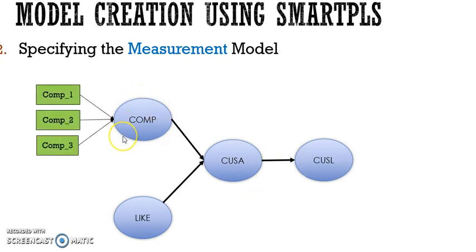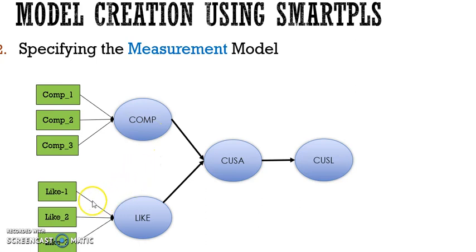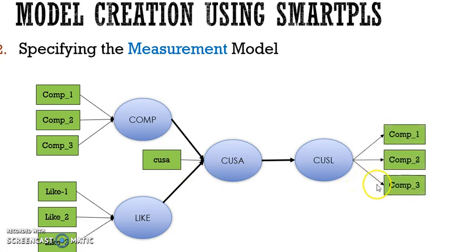There are causing or formative indicators on these variables, also on the like variables, and customer satisfaction has one indicator, and this is a reflective measurement model. These indicators represent or manifest the customer loyalty variable.